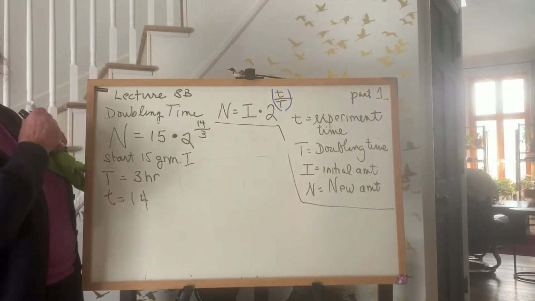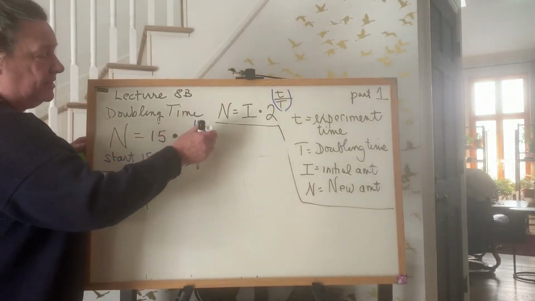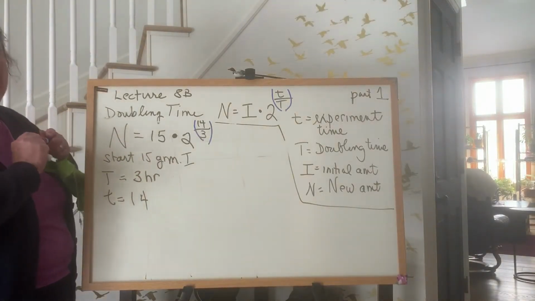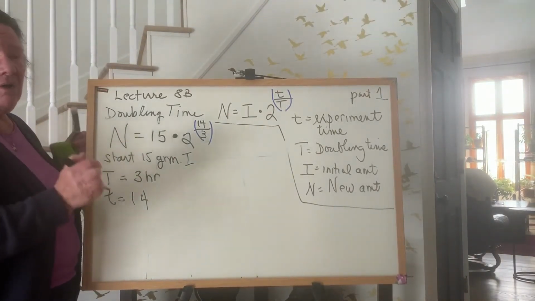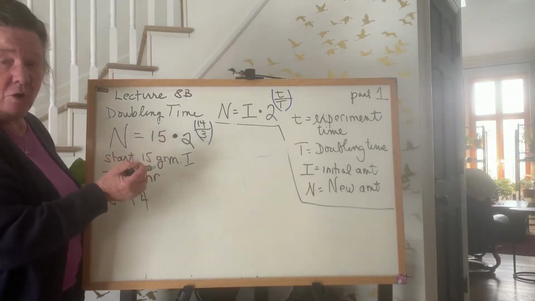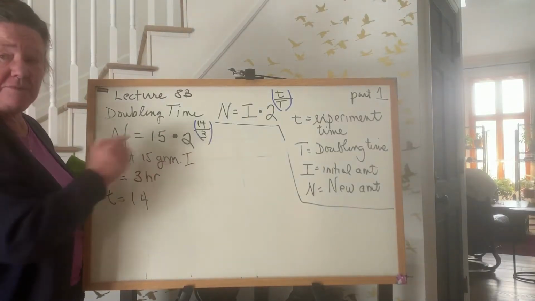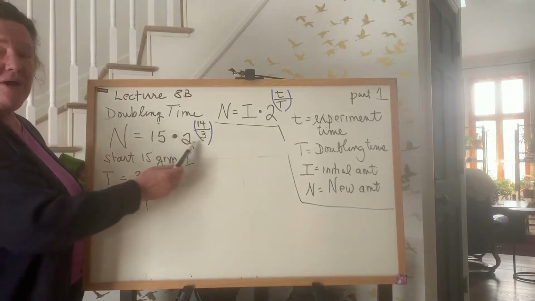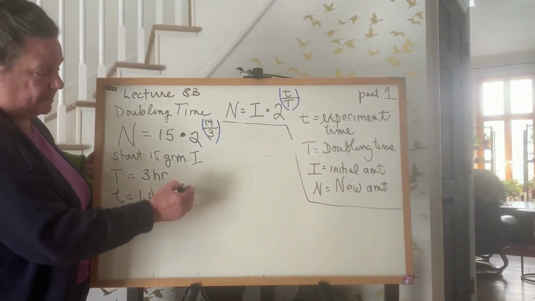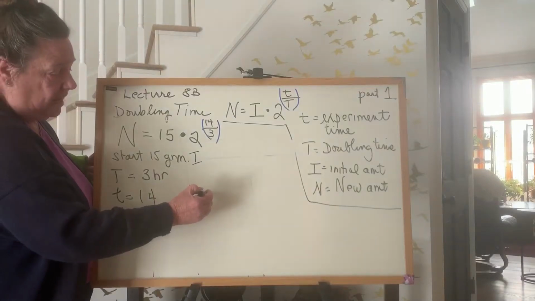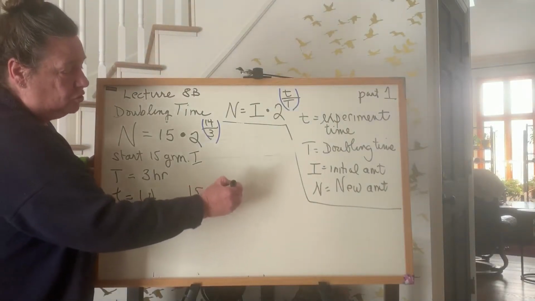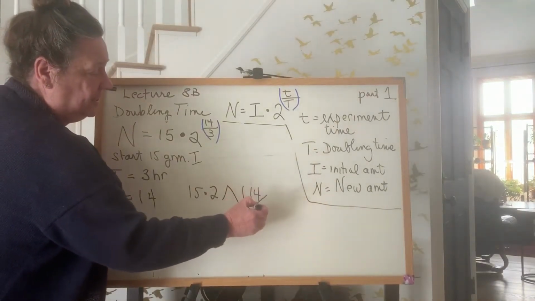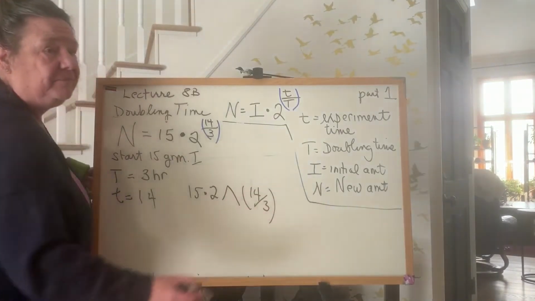So, you know, this has to be in parentheses because it's a two-piecer. Now, we haven't talked that much about order of operations, but I certainly hope that no one is going to go 15 times 2 is 30, because that would be wrong. You're going to punch it in exactly like you see it. 15 times 2 to the parenthesis 14 divide 3.